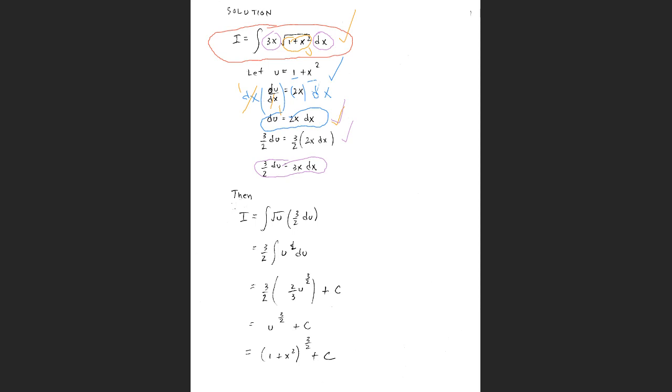And so this integral, which was with respect to x, I can rewrite as this equivalent integral, the integral of the square root of u times 3/2 du. And this integral here is a much easier integral to work with. I can get that antiderivative, no problem.